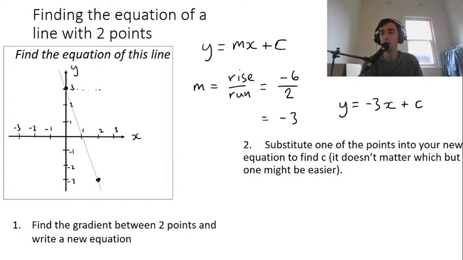But we can only work that out if y and x are numbers as well. See, if I substitute the coordinates of one of these points into here, those 2 coordinates will mean we can find c, because there will be a number c that will make this equation work.